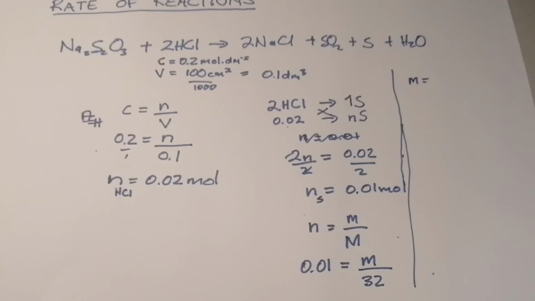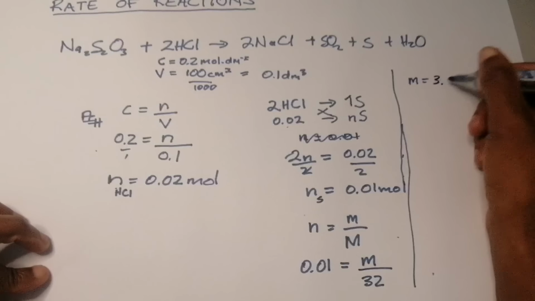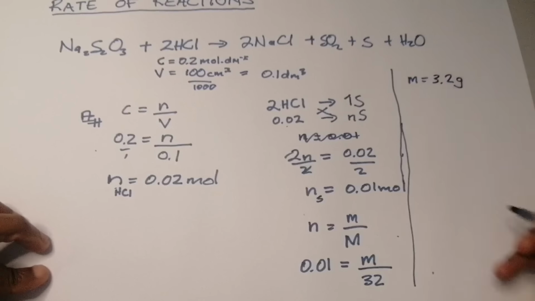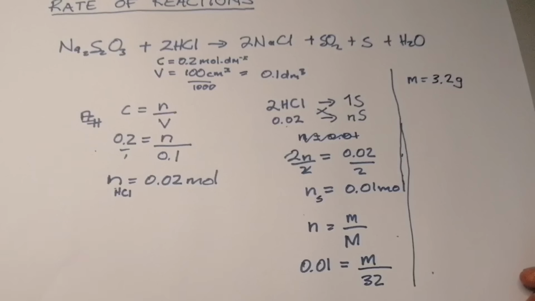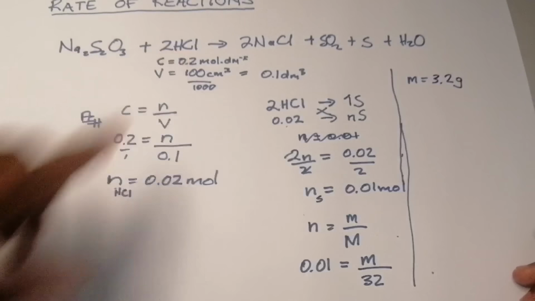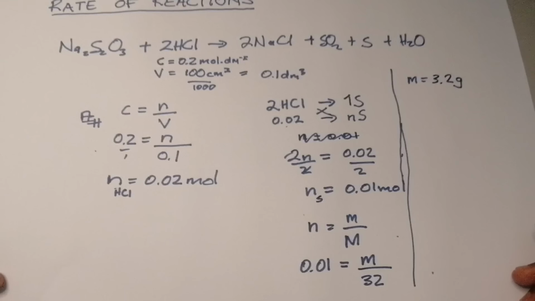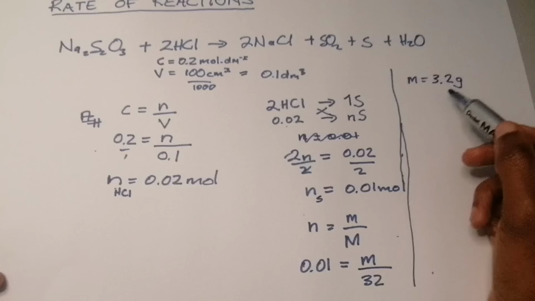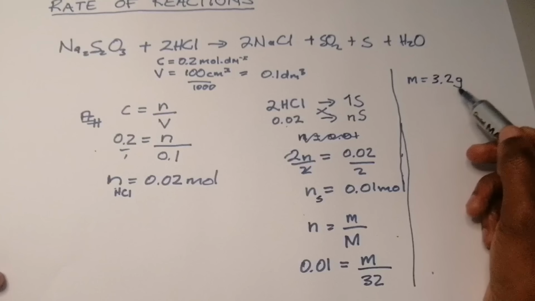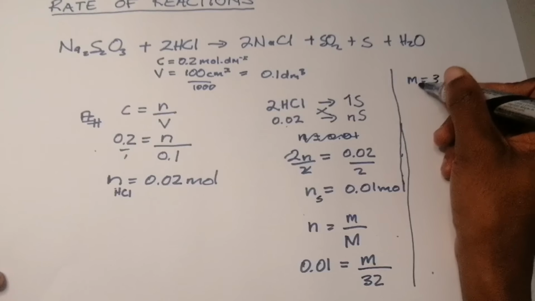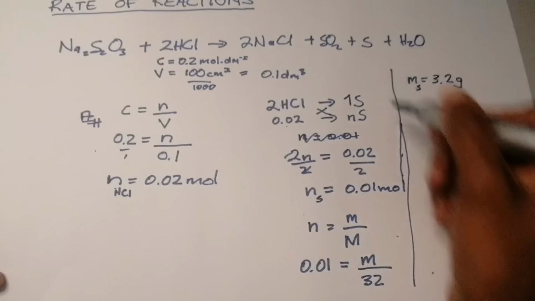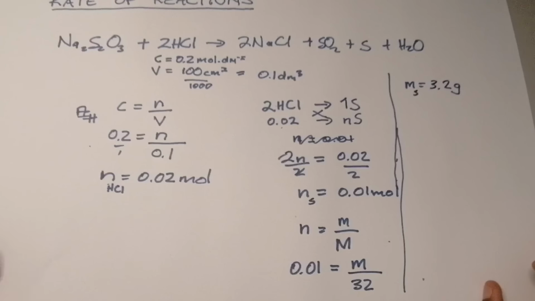So I get a mass of 3.2 grams. So theoretically, if I used up all of that hydrochloric acid, I am in turn supposed to get 3.2 grams of sulfur. So what is this? This is the theoretical yield that I'm supposed to get. So now, what was the actual yield of sulfur?